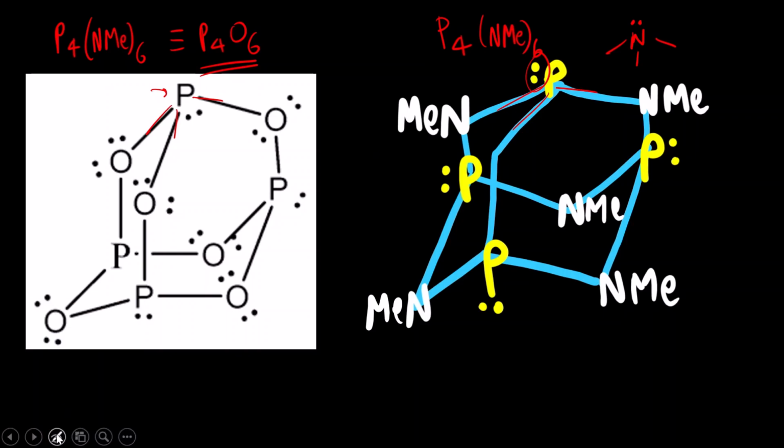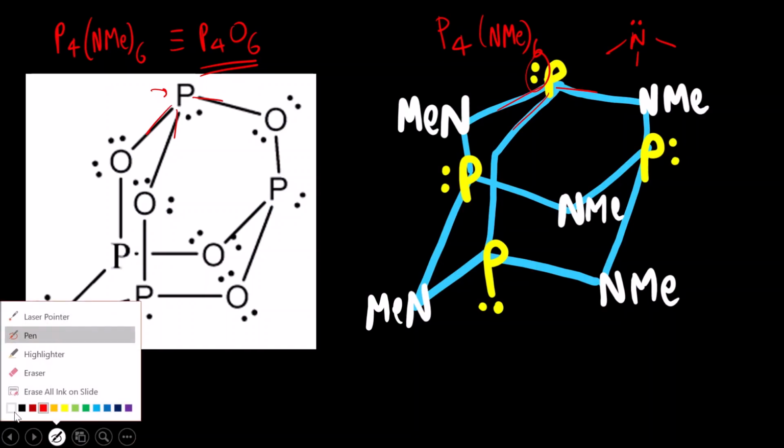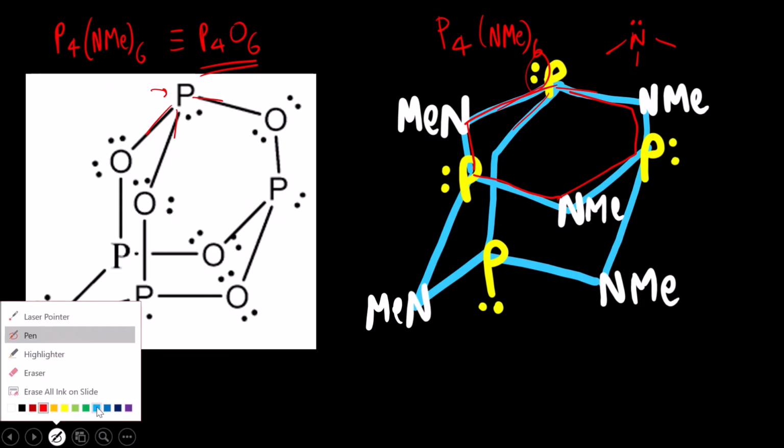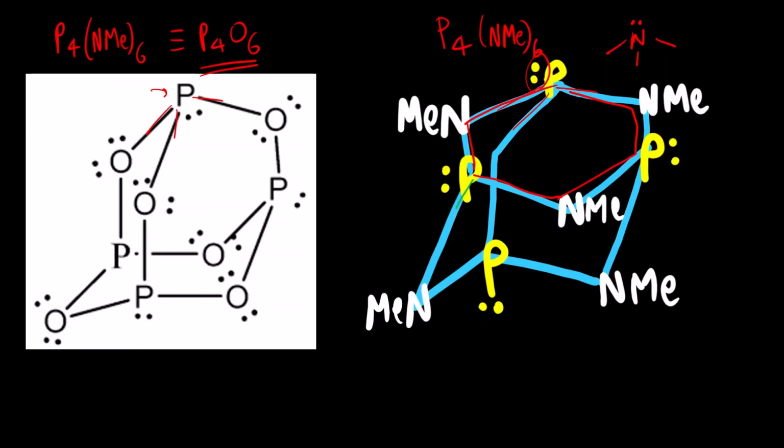Now we have to count the number of 6-membered rings. Here in the back side, if you see, not in the front one, this is one 6-membered ring. Then this will be another 6-membered ring, so 2.